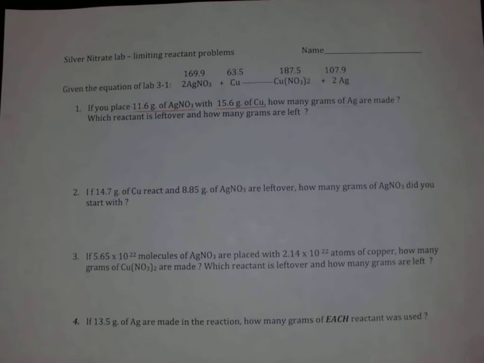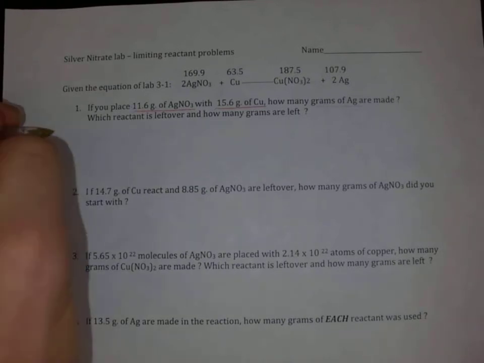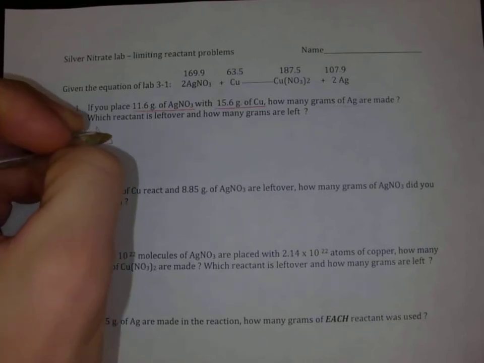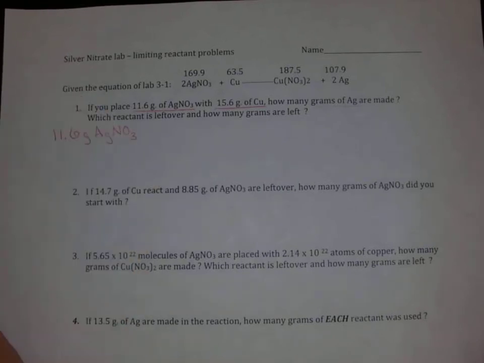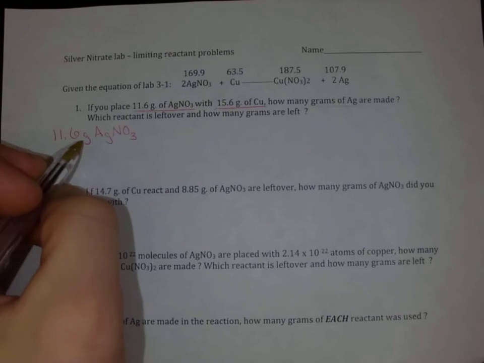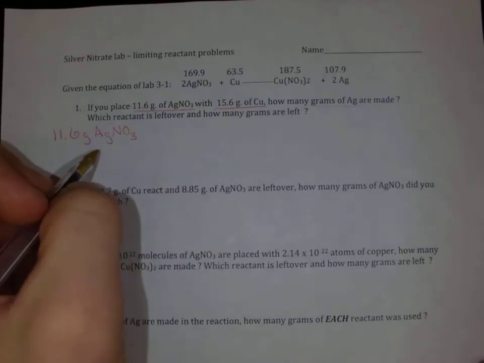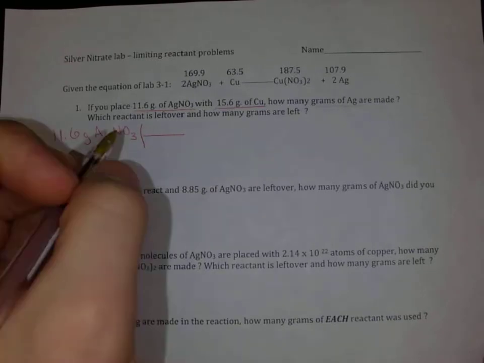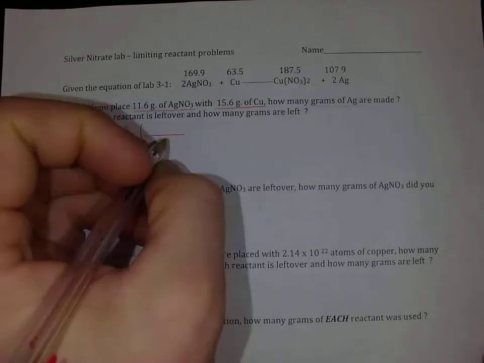So what we can do is just a couple of stoichiometry calculations, okay? We can say, well, 11.6 grams of AgNO3, we can calculate how much copper is going to react with that amount of silver nitrate. But of course, we can't go directly grams to grams. We have to do a mole to mole ratio. So for us to do a mole to mole ratio, we have to get our units into moles, right?